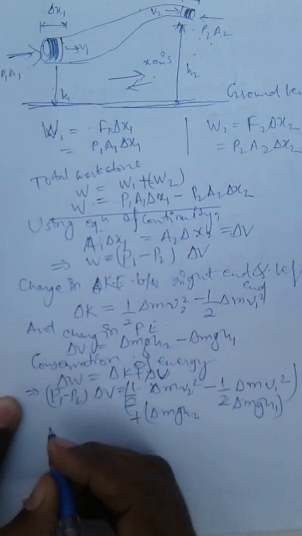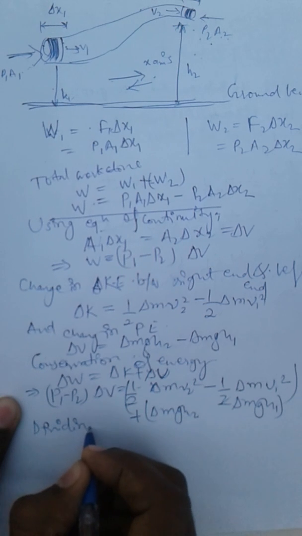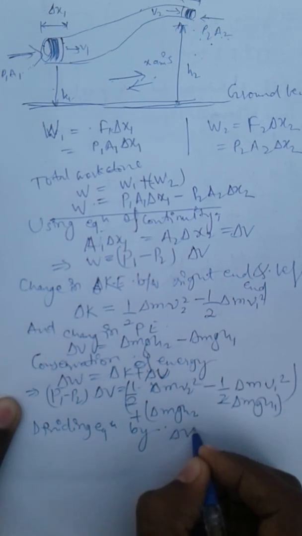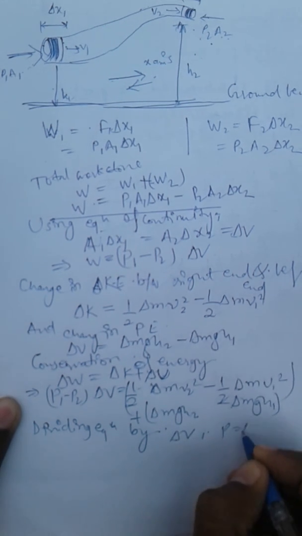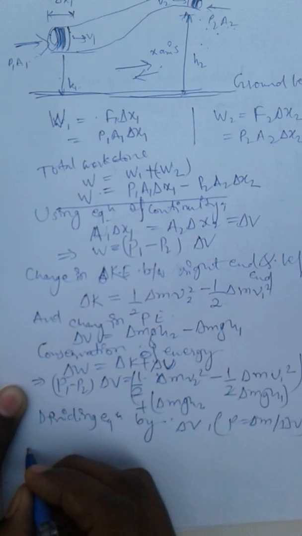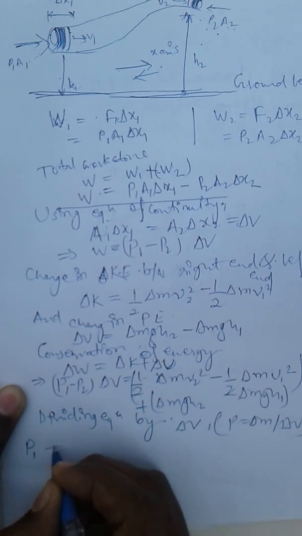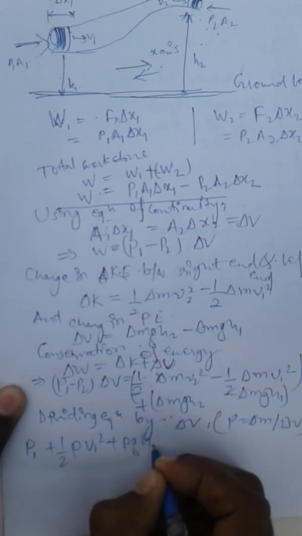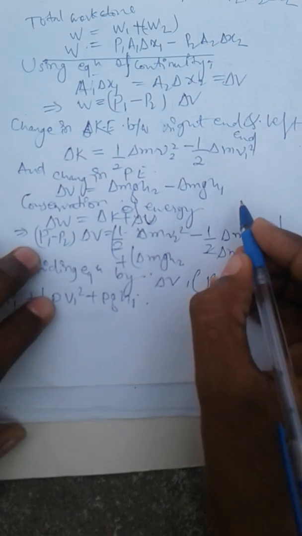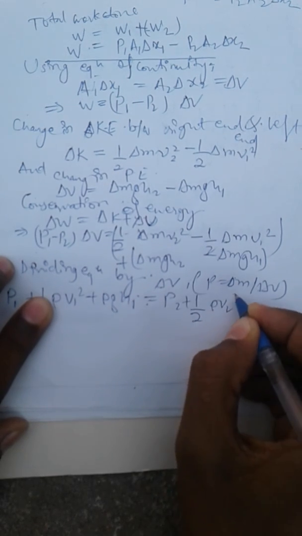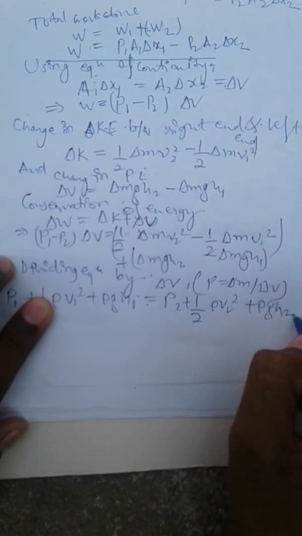So dividing the equation by del v and substituting rho equal to del m over del v, what we get is p1 plus half rho v1 square plus rho g h1 equal to p2 plus half rho v2 square plus rho g h2.